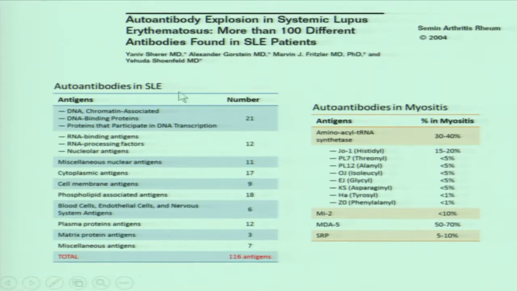So I told you that we have, by this account in 2004, about 116 antigens now targeted by lupus serum. This is just to give you a summary of it. Many of them are nuclear or cytoplasmic and detectable by the HEp-2 ANA.